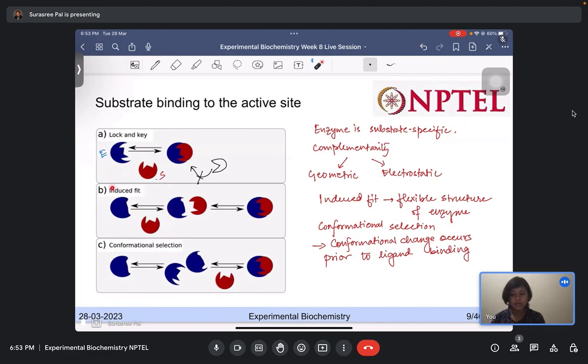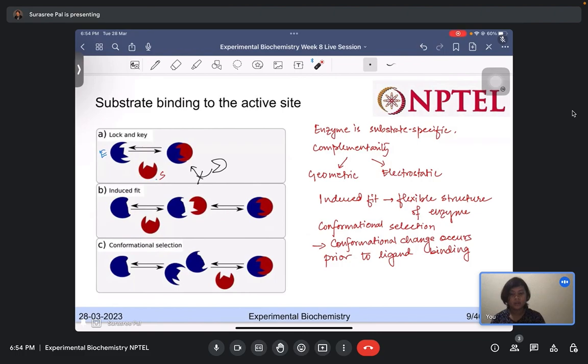It does not exist in a state where it is absolutely complementary to the substrate shape, but when substrate is added, a conformational change occurs in the enzyme. We can see now that it will be able to fit the substrate. This kind of conformational change upon binding to the substrate is discussed in the induced fit model.